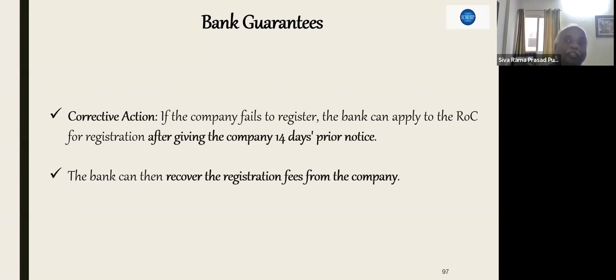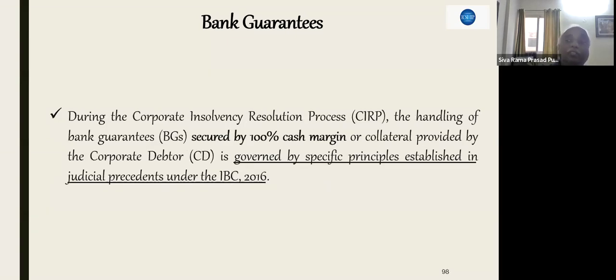If the company is missing, then the bank can send one letter, a 14 days' notice to the company, and register with the ROC. The bank can recover the registration fees from the company. Anyhow, since the company's loans are with the bank, they will debit the account.